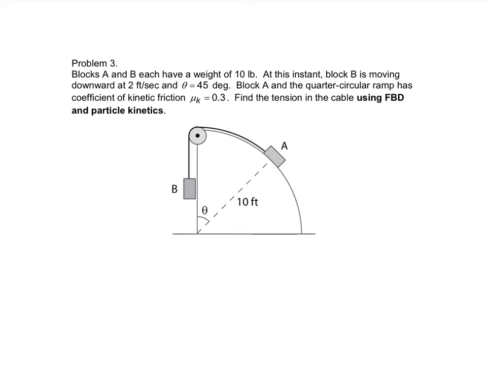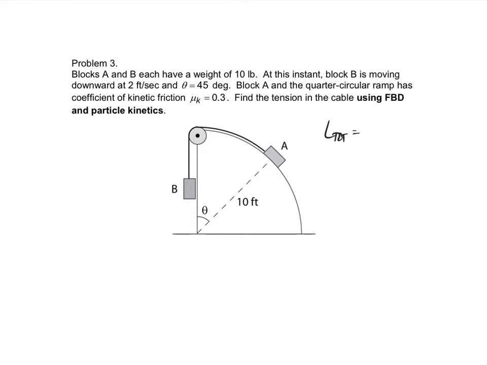All right, so my first instinct is this is a constrained motion problem. I see a rope, I see two blocks. Maybe I need to write L total is this and take the derivative.